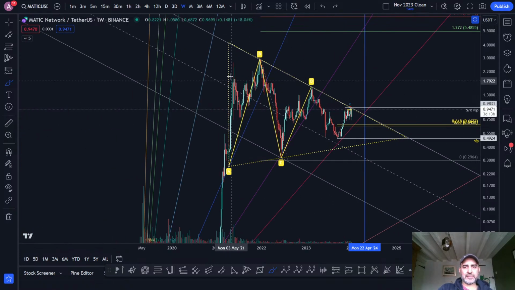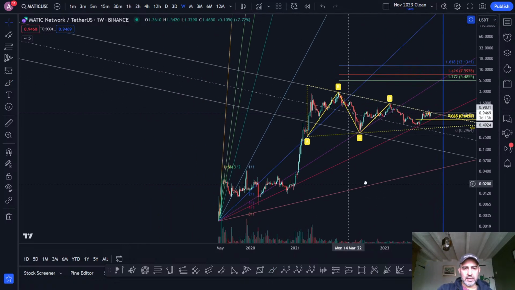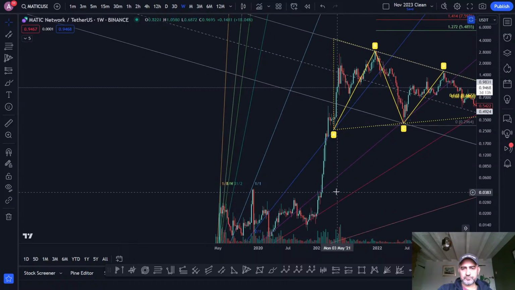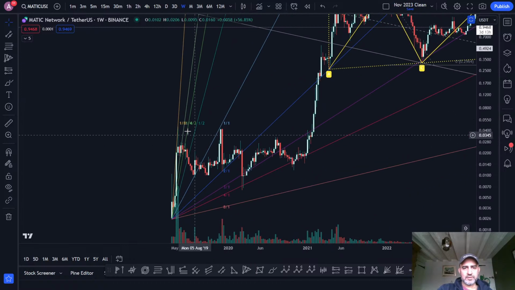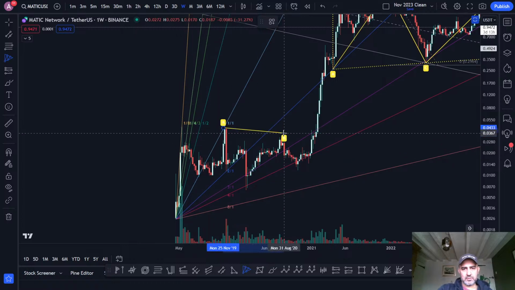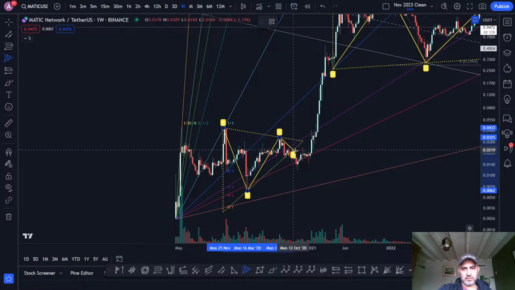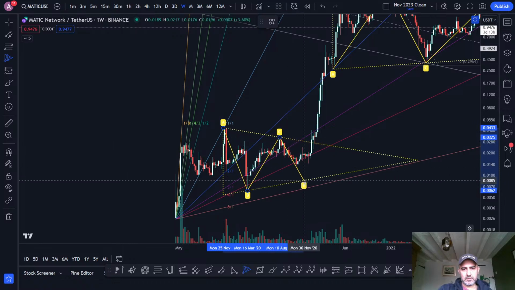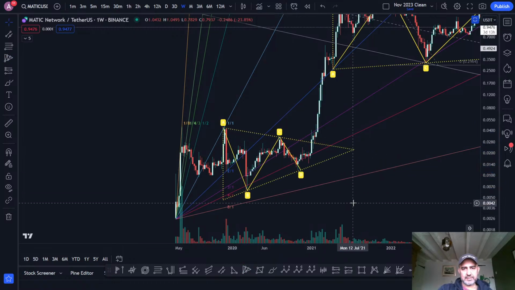It's slightly different because this is more of a downward shaping triangle. This is also a triangle. It's the same thing. I'll quickly draw it. Basically the same thing.